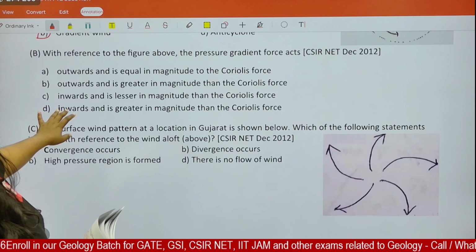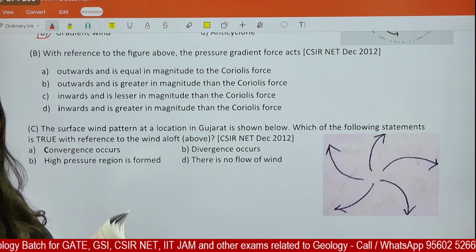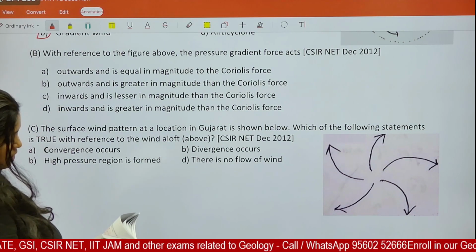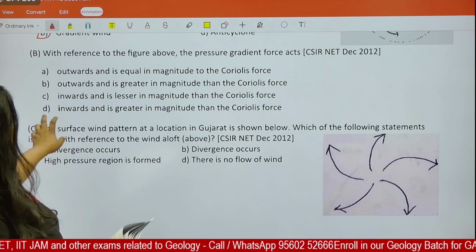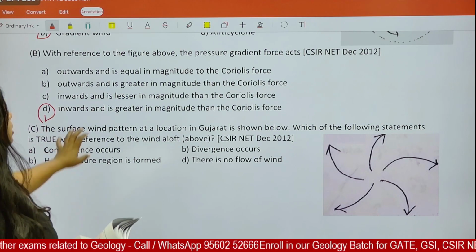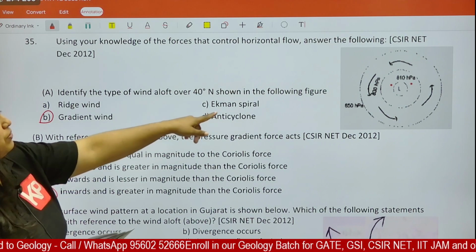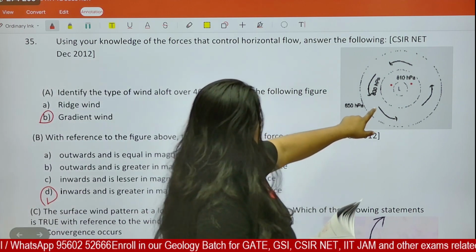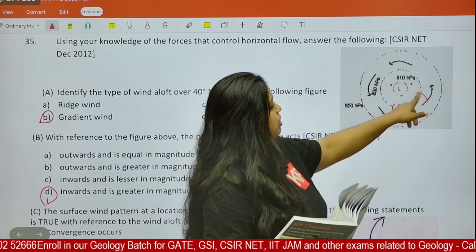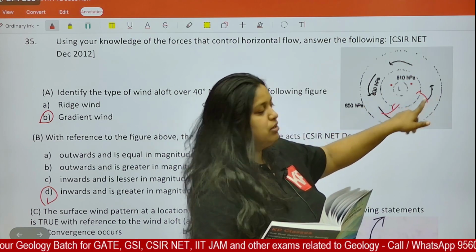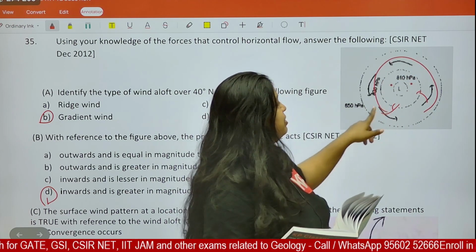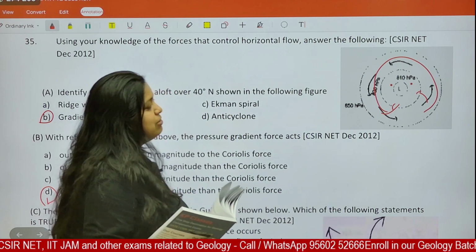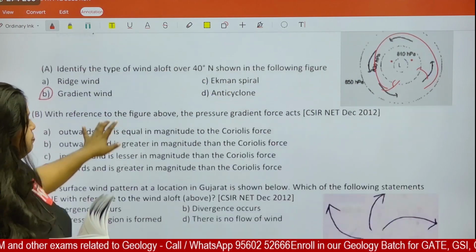Then with reference to the above, the pressure gradient force acts inward and is greater in magnitude than the Coriolis force. That's why the wind is not turning, it's following the circular movement, because the pressure gradient force is more than the Coriolis force.